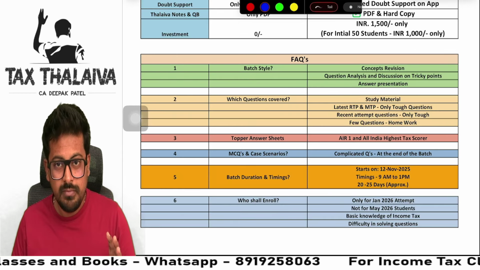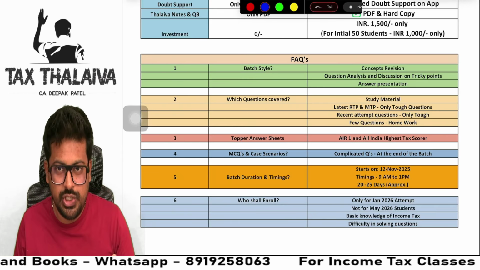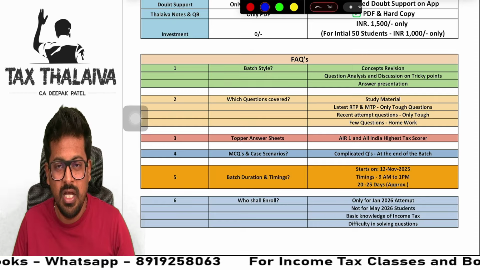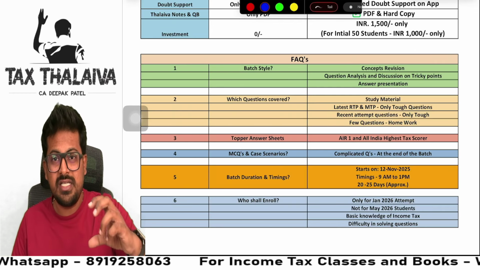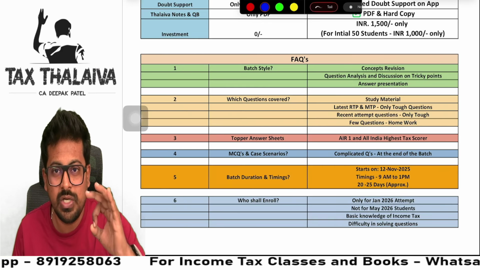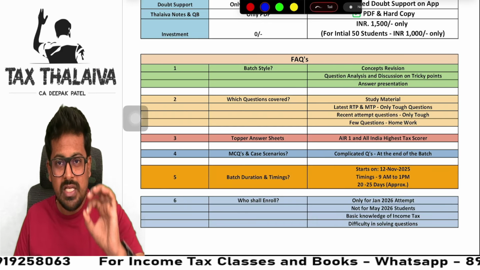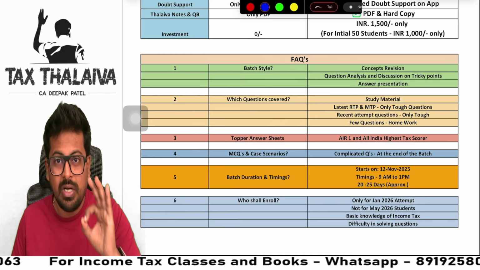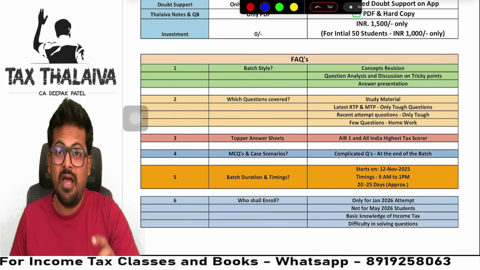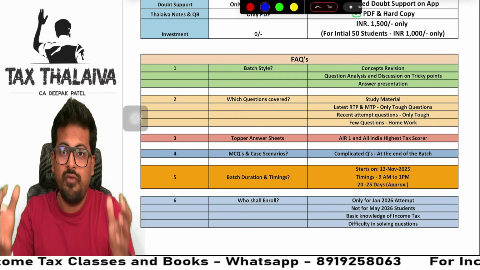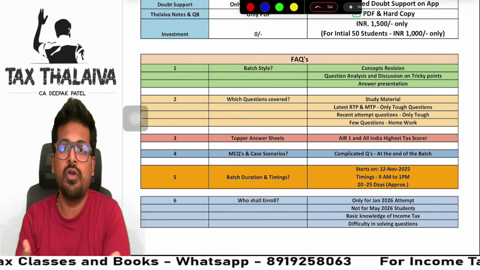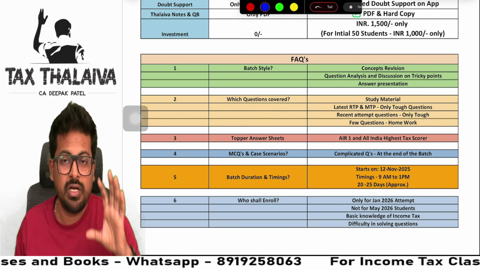First of all, say for example, we'll pick one question which is there in the study material. We will first read the question and understand which concept that question relates to. As soon as we relate the concept, we will have a full-fledged revision of that concept. Full overall revision we will do on that particular concept.